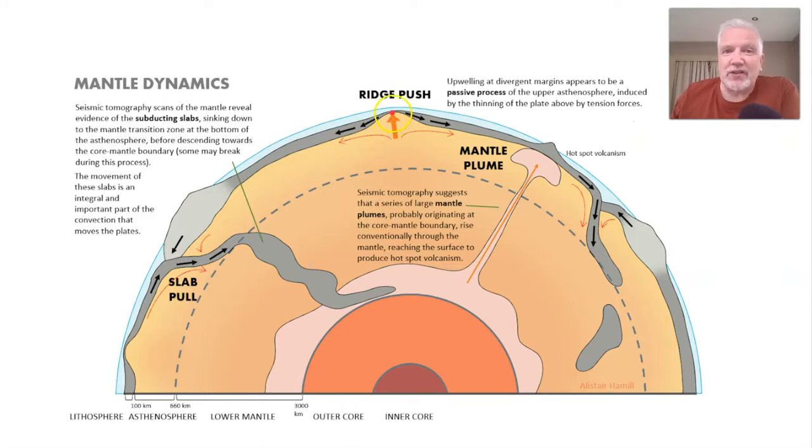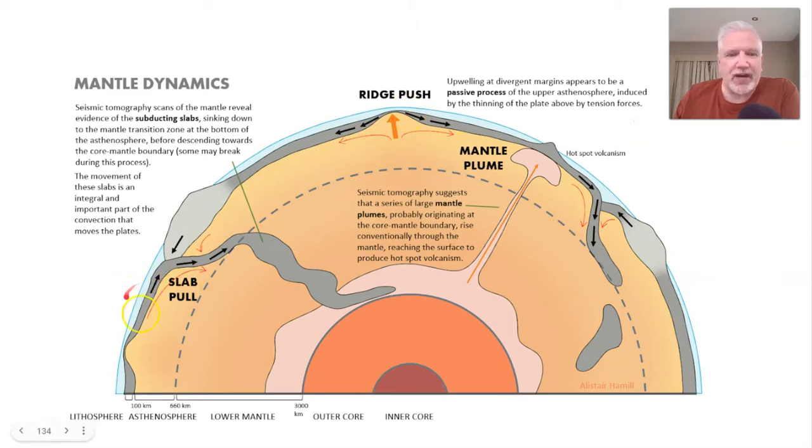And indeed, the new crustal material that is formed by the magma that is formed by decompression melting is young and hot as well. So all of that really contributes to that positive buoyancy, allowing the ridge to rise up, and then the older material will slide down the side of the ridge as new material comes up to replace it, and that pushes the plates apart.